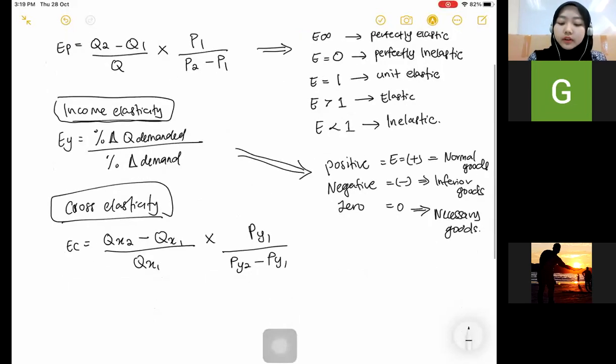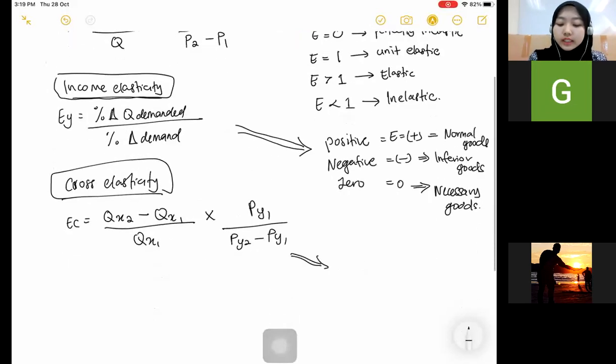Okay. Next, for cross elasticity, we also have 3: positive, negative, and 0. For positive, it refers to substitute goods.